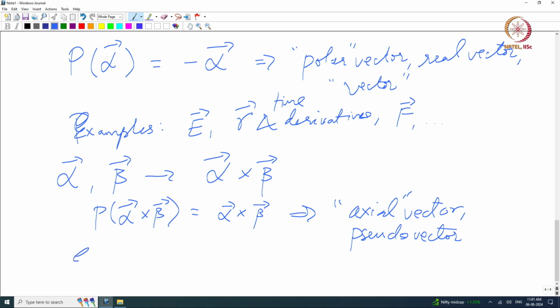So examples. Good, torque, because you know that can be expressed after all as a cross product of real vectors. Angular momentum, good, right.